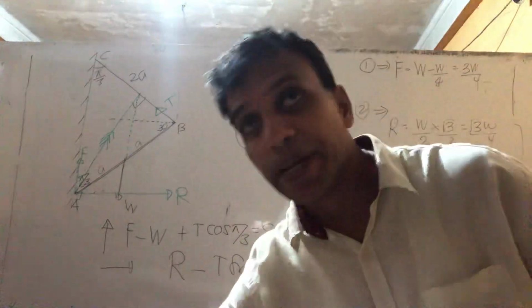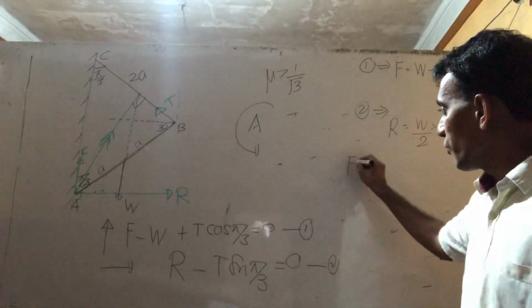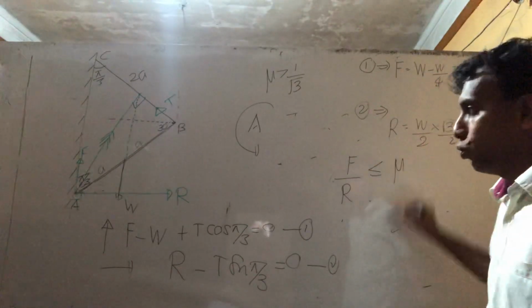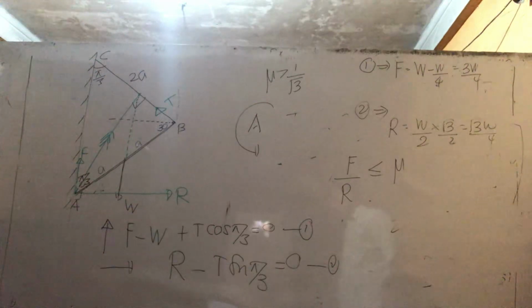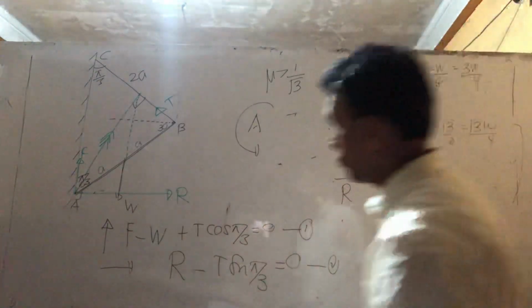Next write a sentence for equilibrium. For equilibrium, F over R is less than or equal to mu, right? Is it okay?